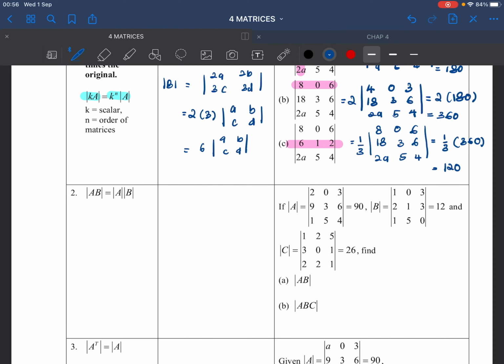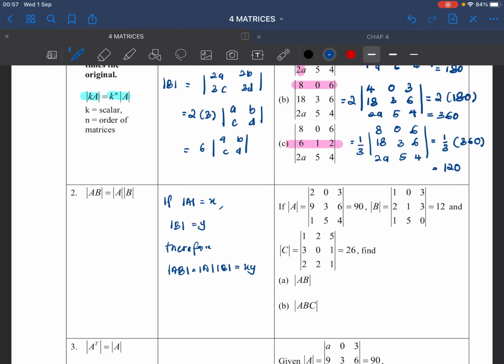Let's move on to the next property, which we already discussed in the previous example. Let's say I have determinant of A equals X and determinant of B equals Y. Let's say the question says find determinant of AB. We can simply multiply X, Y. Or we can write it as determinant of AB equals determinant of A times determinant of B, which gives X, Y. Okay, let's see the example here.